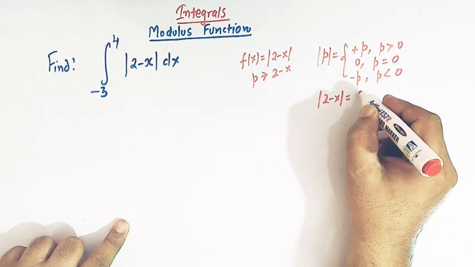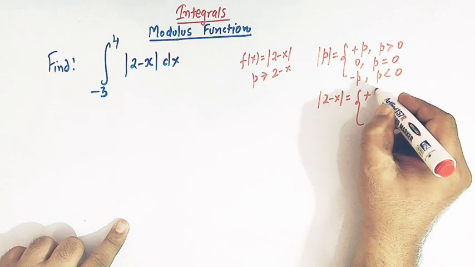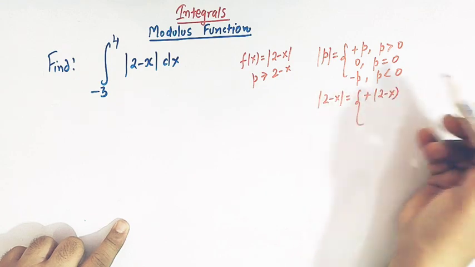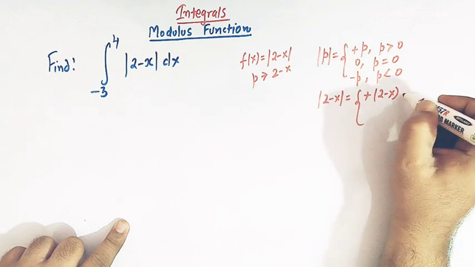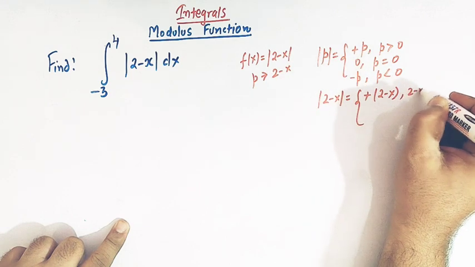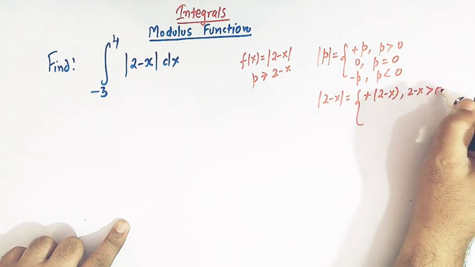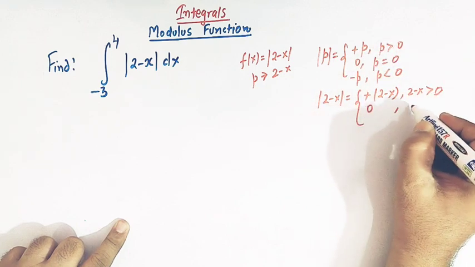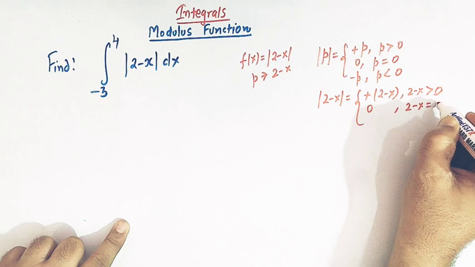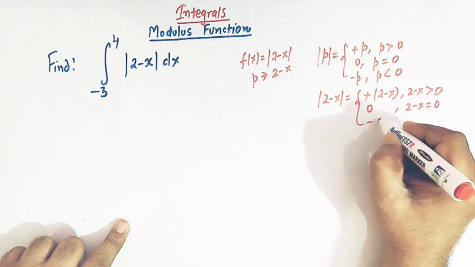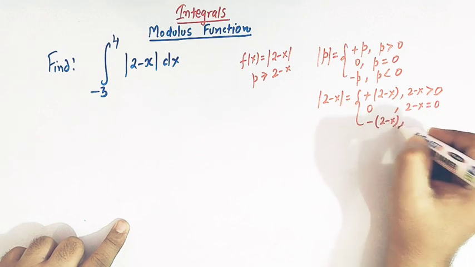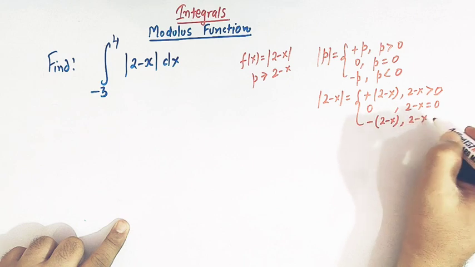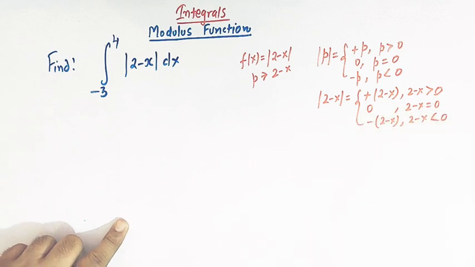So mod of 2 minus x is positive 2 minus x when 2 minus x is greater than 0, it is 0 when 2 minus x is equal to 0, and it is negative of 2 minus x whenever 2 minus x is less than 0, right?